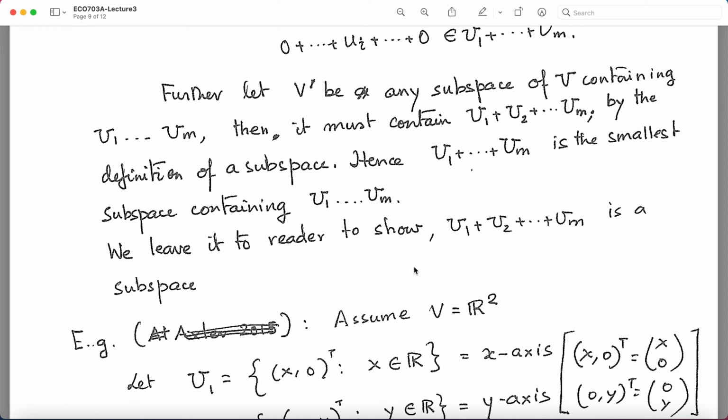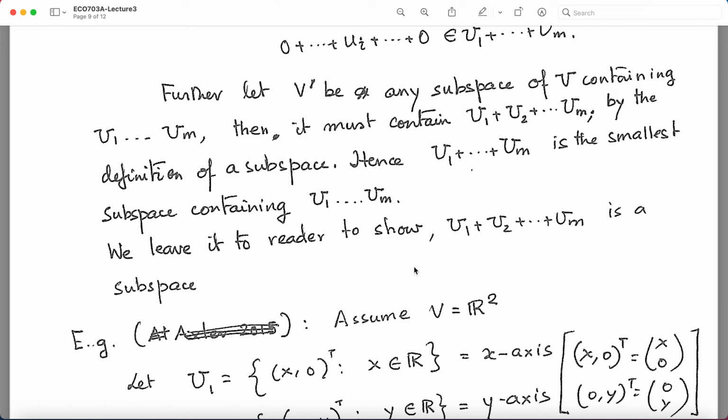Now, what is v1 plus w1? By the associative property, you can add them separately. v1 is an element of u1, w1 is an element of u1. So, v1 plus w1 would give me an element of u1, which we call say v dash. And here you have plus also the vector v2 plus w2. v2 is an element of u2 and w2 is an element of u2, because that is a vector space.